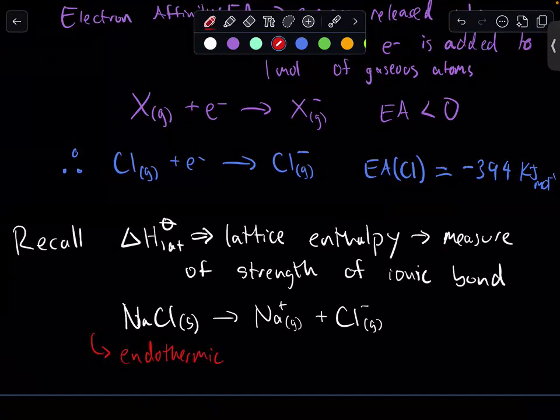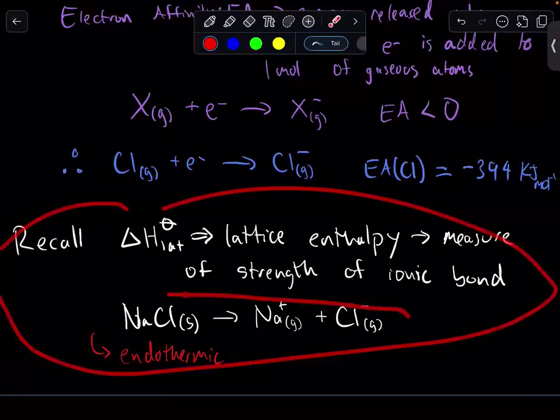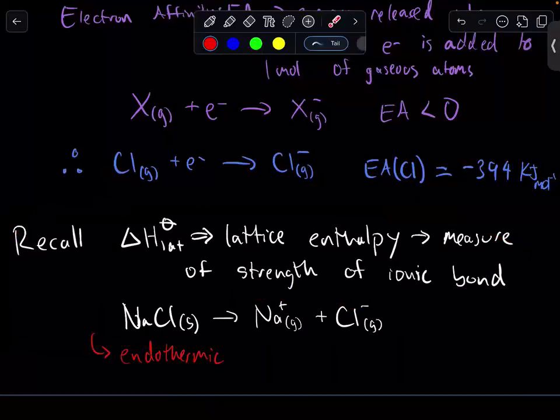Well, it seems like we could just take the opposite of our lattice enthalpy and figure out our formation, or figure out the actual individual steps of our formation. But the problem is we're actually going through all this trouble because lattice enthalpy itself is incredibly hard to find.